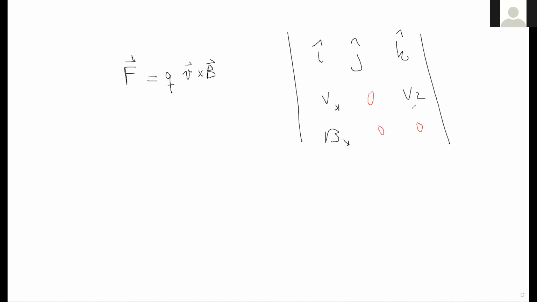Okay, so those ones are zero. And so you can see because this column has the two zeros there, only the J component is going to survive. The other ones are going to be zero. Because if I draw a line down the I, the X component here, I'd have two zeros here. So my cofactor determinant would be zero.